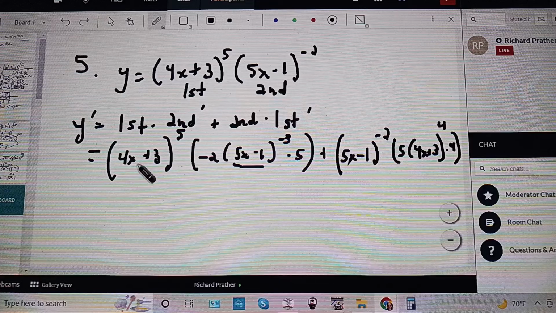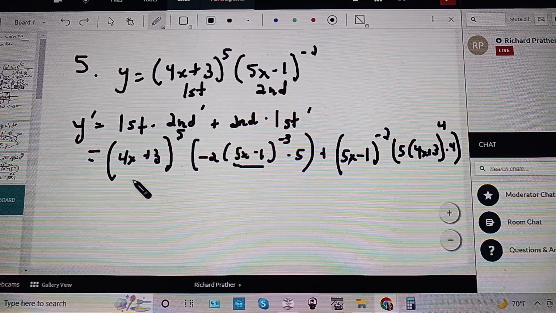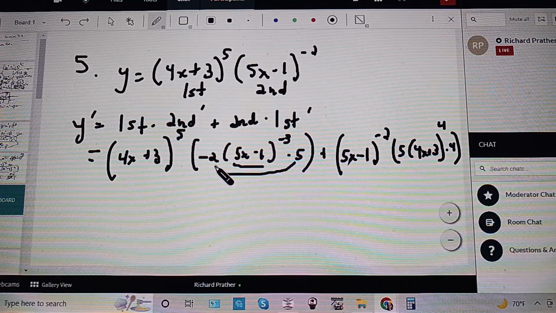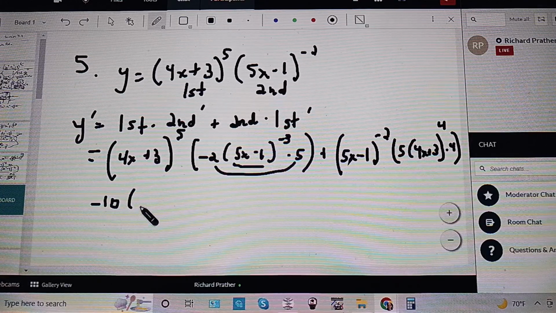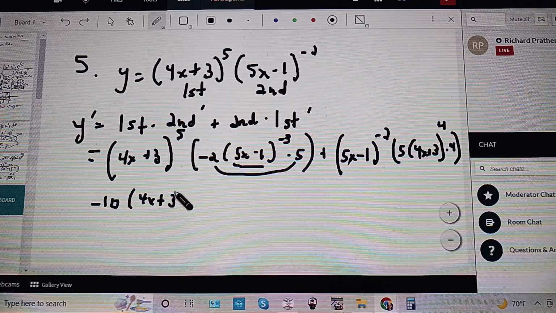So again, with 4x plus 3 here to the 5th power, you can't really do it. You can't pull anything out or distribute anything in. I could combine these two numbers together. And this is all multiplied here. So up till the plus part, I can put the negative 10 way out front. And then I got both of these parentheses in whatever order you want because they both have exponents attached to them.